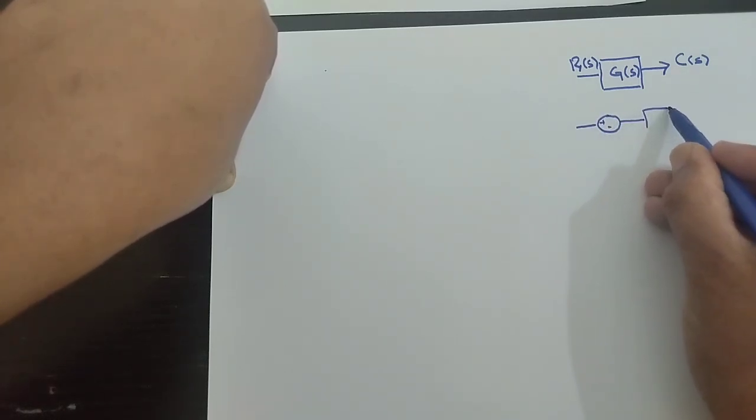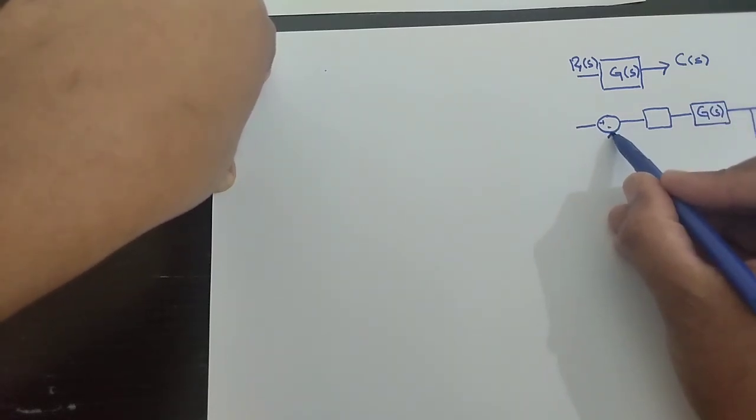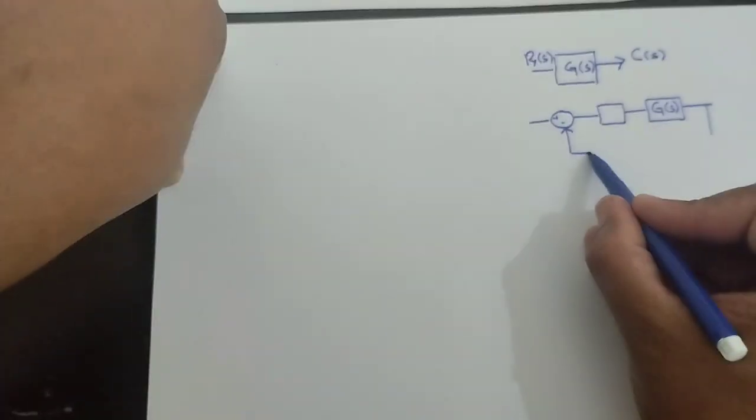we can introduce a block, later we will discuss it, in series with the plant transfer function. Again, it will give us the output. We will feed back this output to the input set.